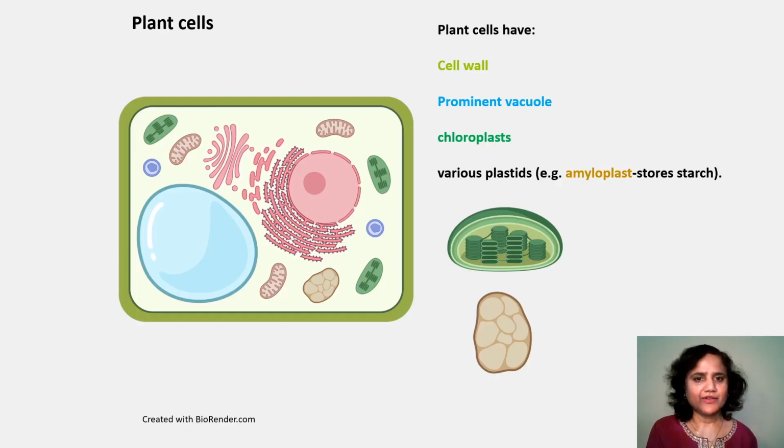Plant cells have a cell wall and they also have a prominent vacuole, and they have chloroplasts and various kinds of plastids, for example the amyloplast shown here which stores starch, and various other similar organelles.